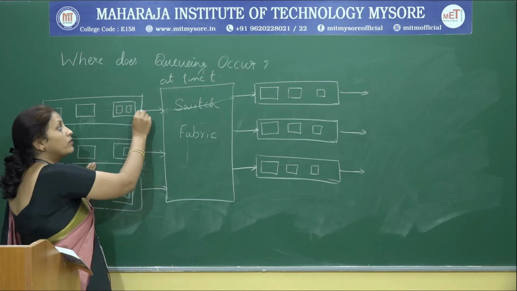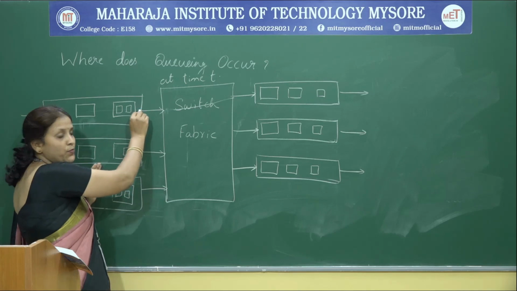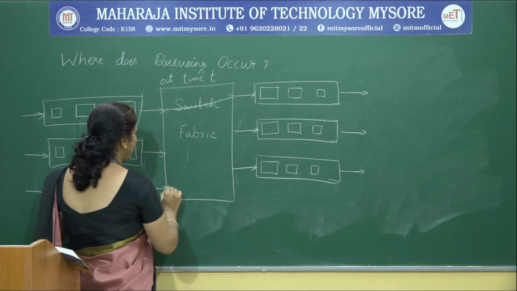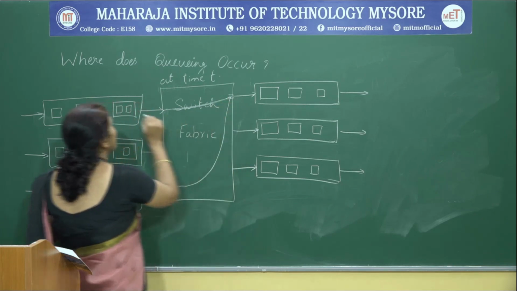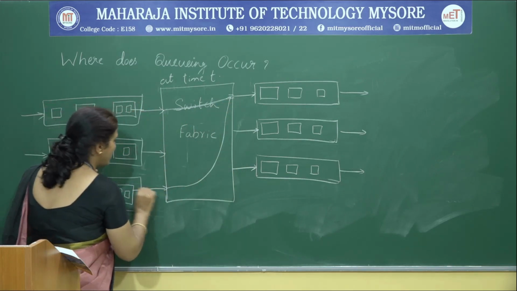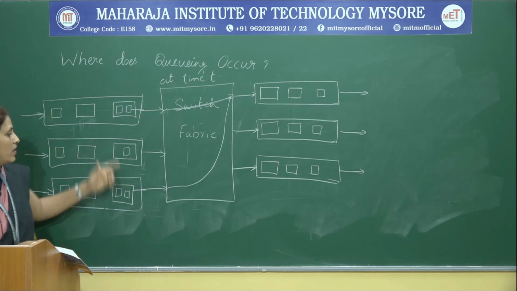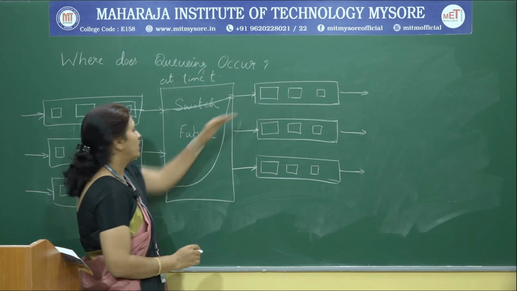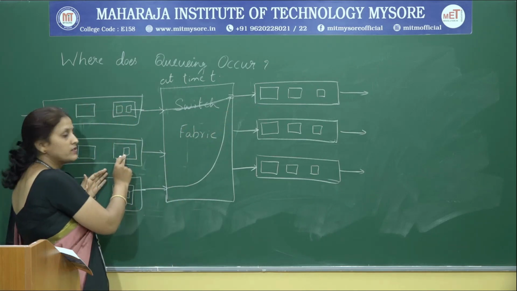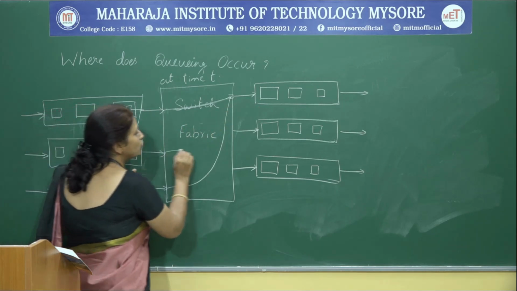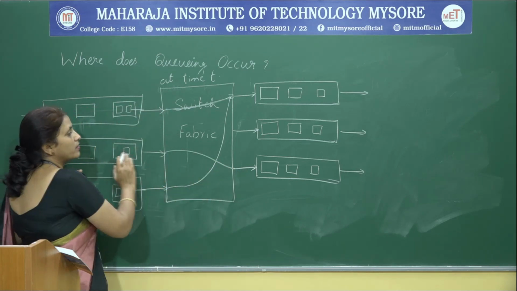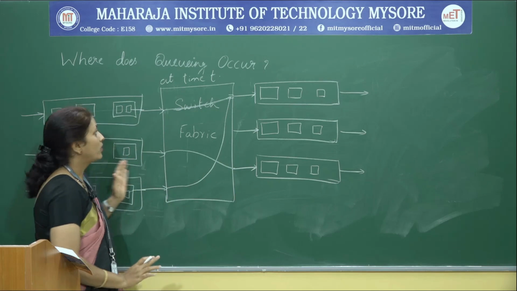Now, our packets from input port 1 and 3 are destined to move to output port 1, and the packet here in the second port is destined to move to third output port. There is no hurdle here, this gets transmitted easily.